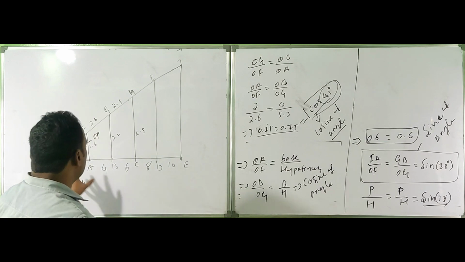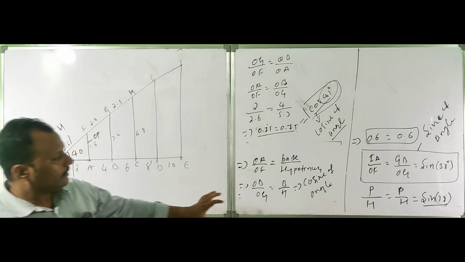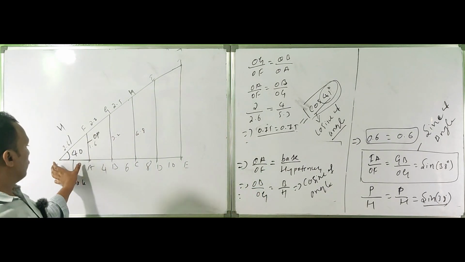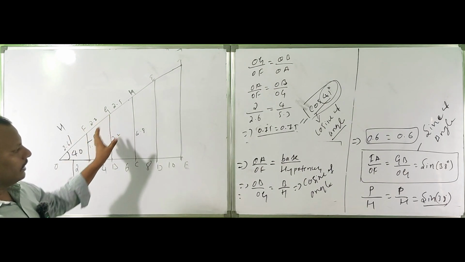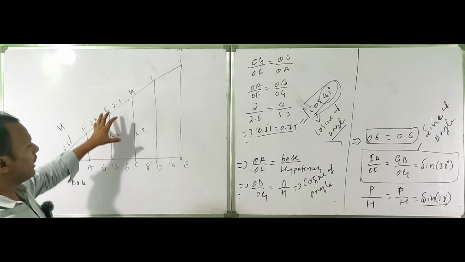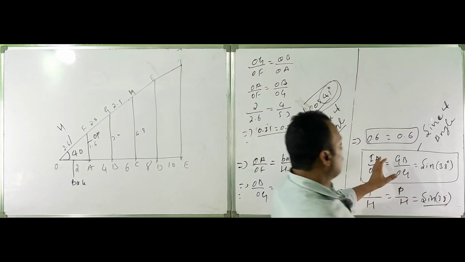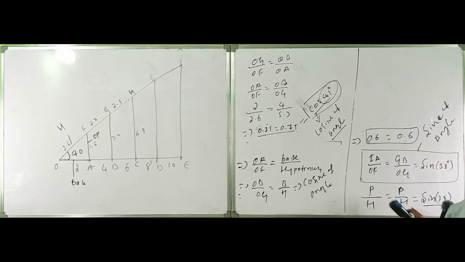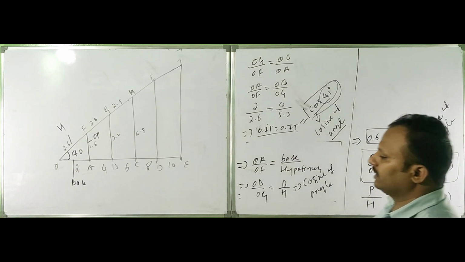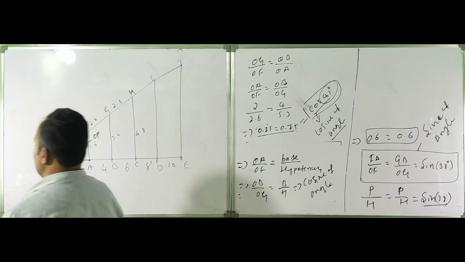Okay, this is the cos: OB by OG, base by hypotenuse is cosine of angle, and perpendicular by hypotenuse is sine of angle. Okay, this is the very basics.